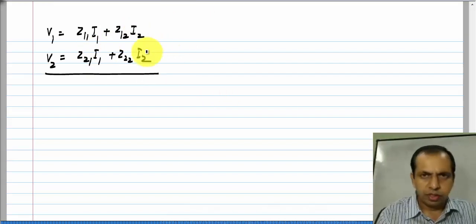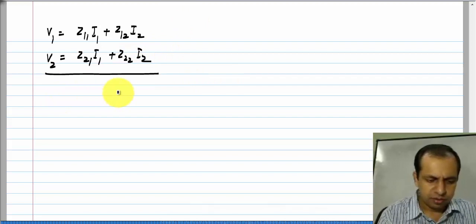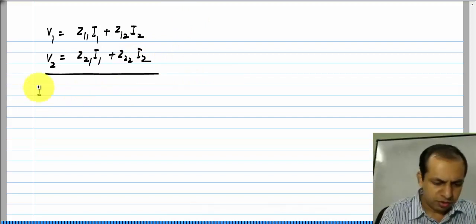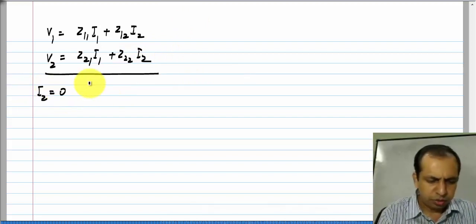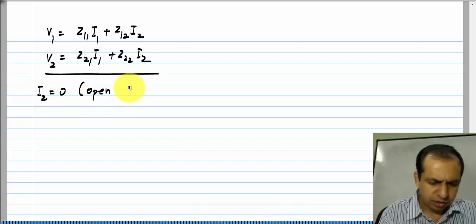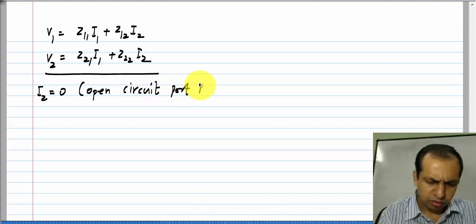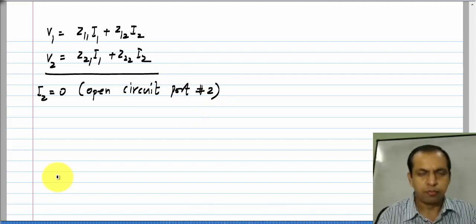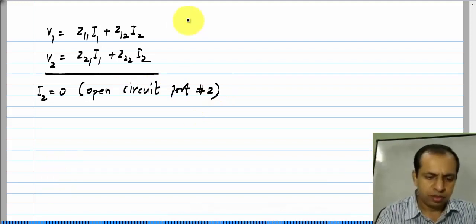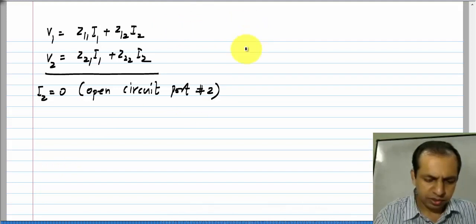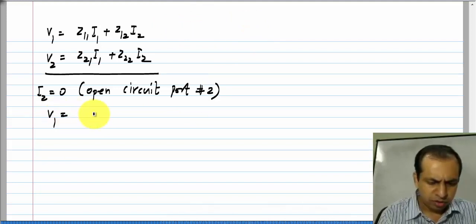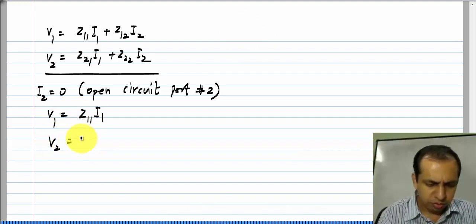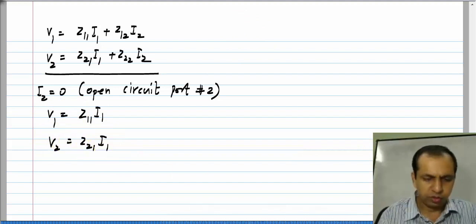Now, the convenient combinations to take are, first of all, you set I 2 equals 0, that is your open circuit port number 2. So, under those conditions, what happens? You will get V 1 to be Z 11 I 1 and V 2 to be Z 21 I 1.